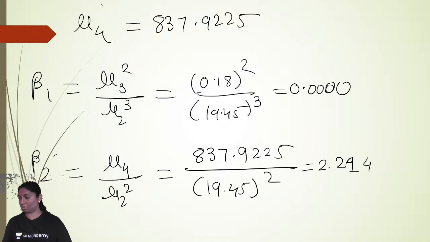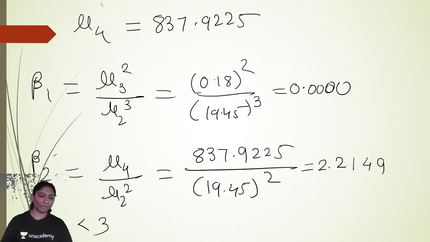So the value of beta 2 is less than 3. If the value of beta 2 is less than 3, then we say that the distribution is platykurtic.